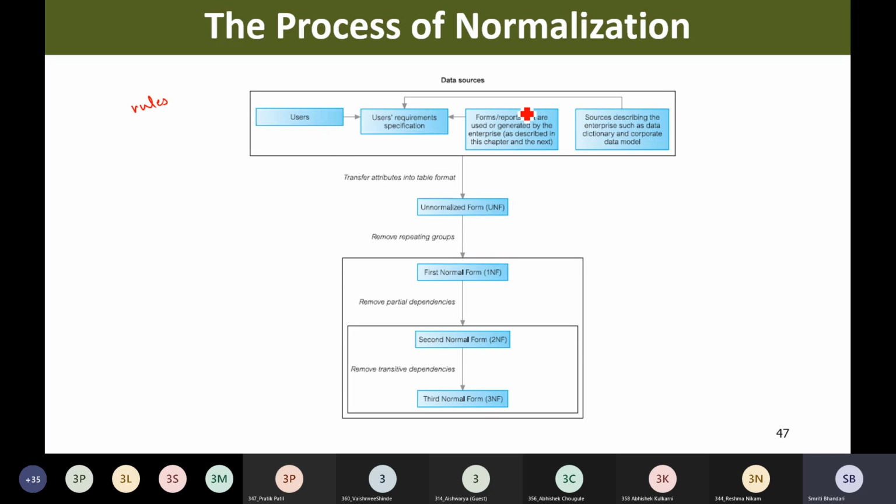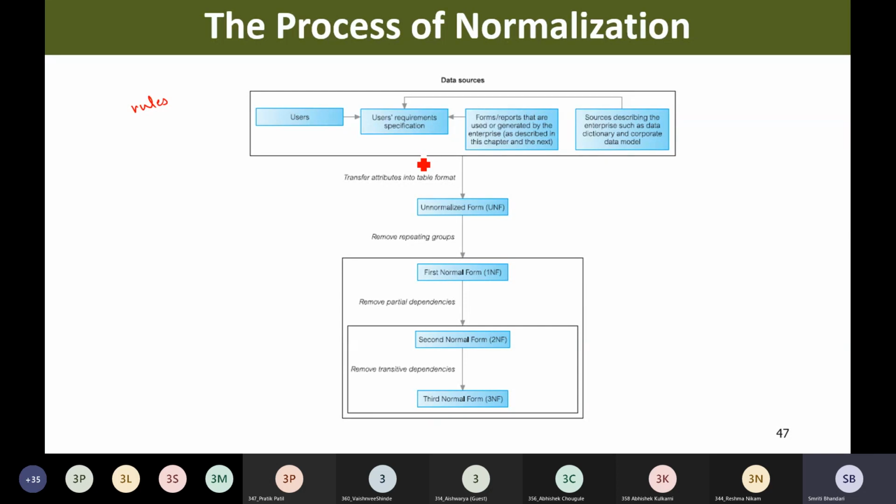We may collect the forms or reports the enterprise is using so that we can collect some information. Similarly, we are having certain other sources. Those actually describe the data that is being used by the enterprise. So making use of all those sources of data, we come up with the requirement specification.